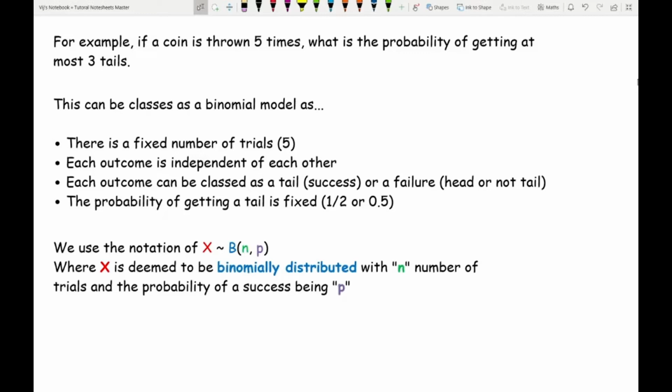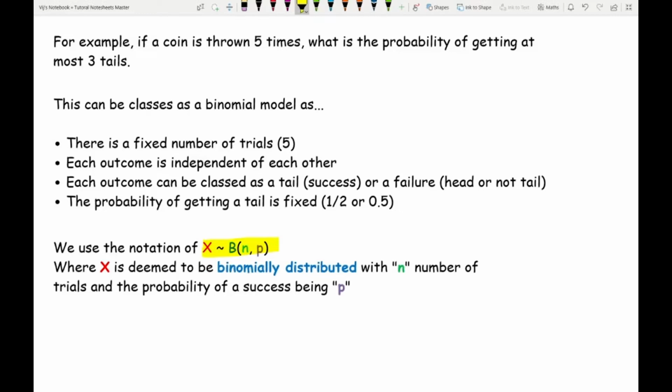Now when you have established that a particular experiment follows a binomial model, what we can say, and this is really important that a lot of students tend to forget, is we can use this notation to simplify the parameters of that particular model. So here we've got X is deemed to be binomially distributed with n number of trials and the probability of success being p.